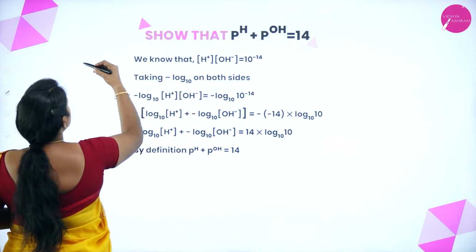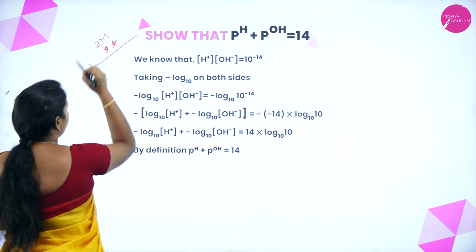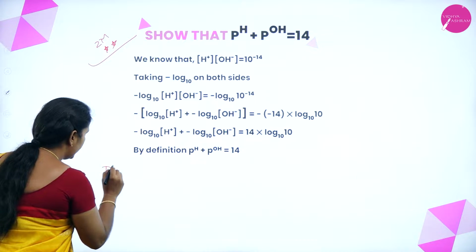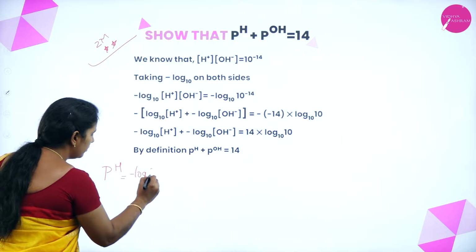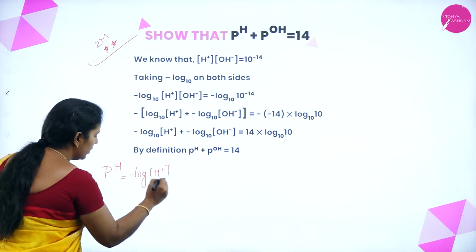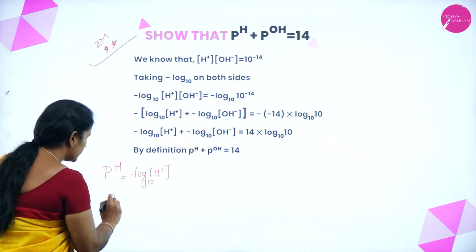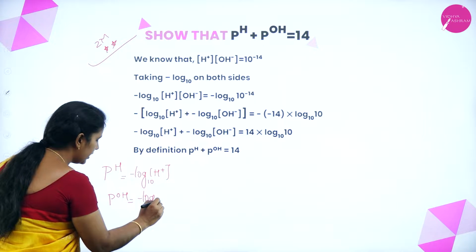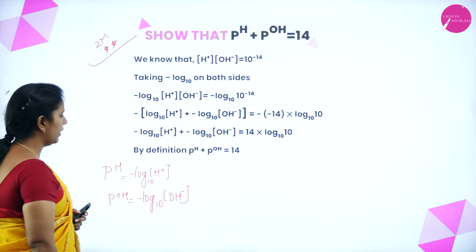This is one of the important equations and it will carry 2 marks. So what is pH? It is the negative log of the molar concentration of H plus ion to the base 10. Similarly, pOH is the negative log of base 10 of the molar concentration of the hydroxyl ion.